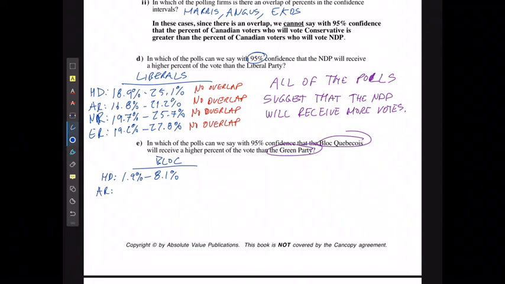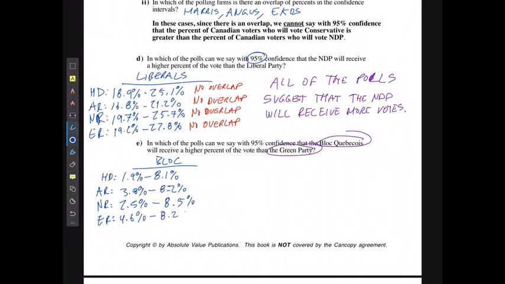For Angus, it's going to be from 3.8 to 8.2. For Nanos, it's going to be from 2.5 to 8.5. And from Ekos, it's going to be from 4.6 to 8.2.